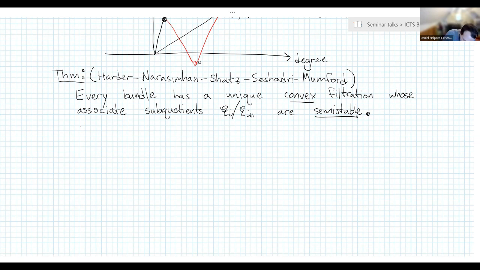And then also the part that's due to Schatz is that this is basically the moduli problem.